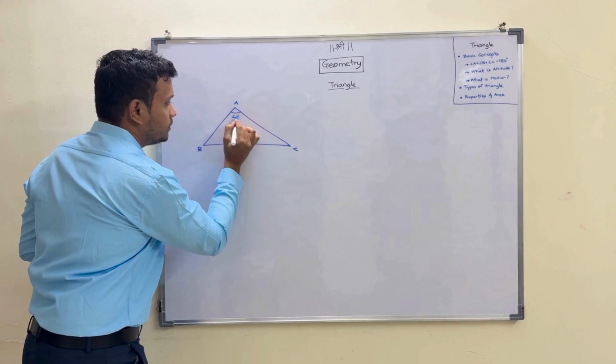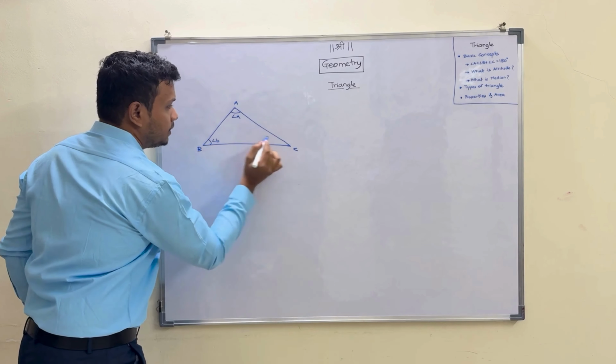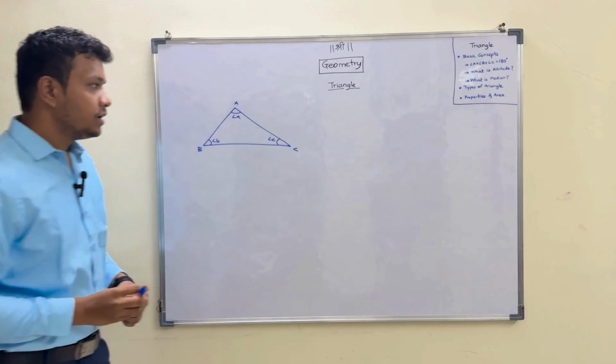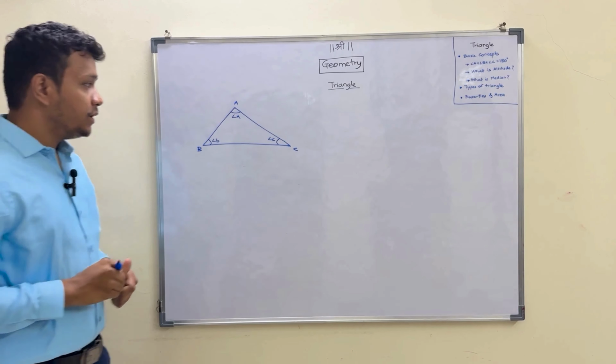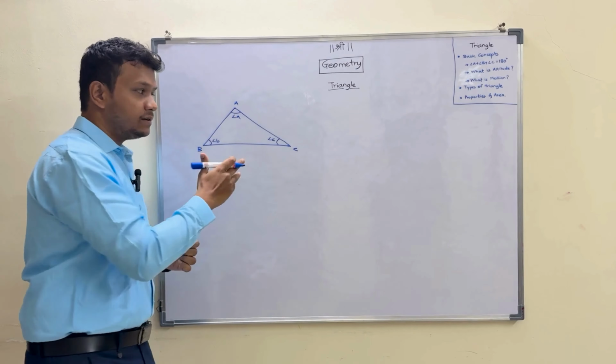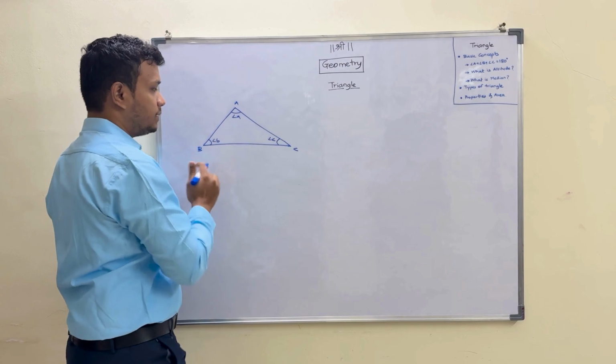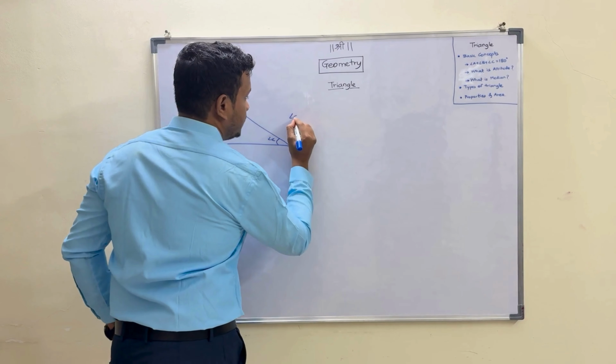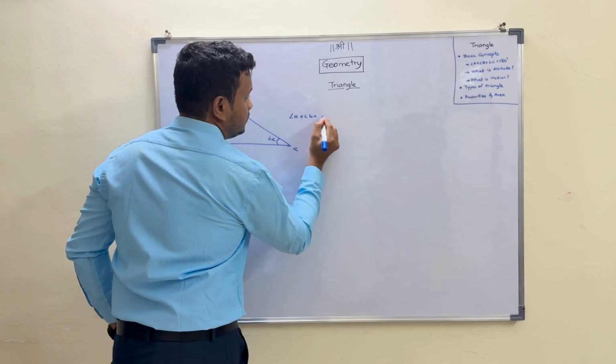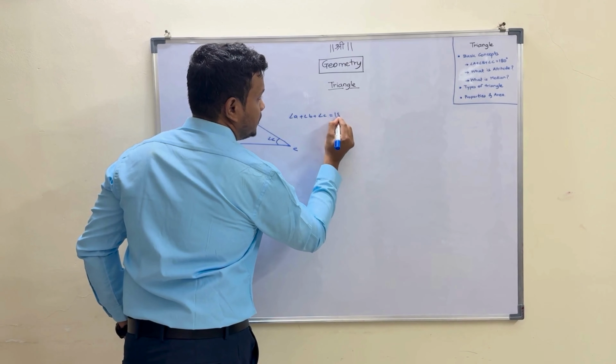So here angle A, angle B, and angle C. So very basic property of triangle is sum of the three angles of a triangle is always 180 degrees. So if I take this example of triangle ABC, so here angle A plus angle B plus angle C should be 180 degrees.